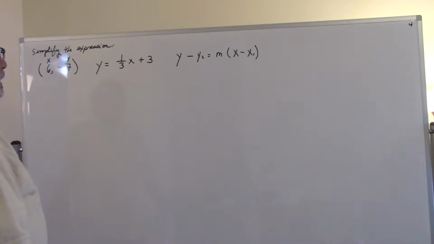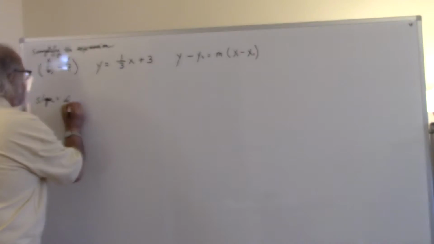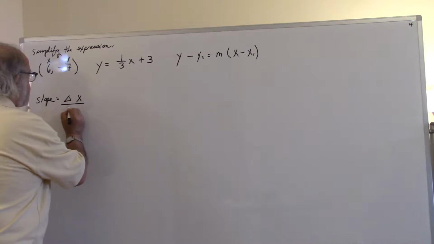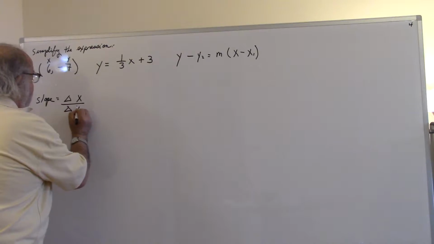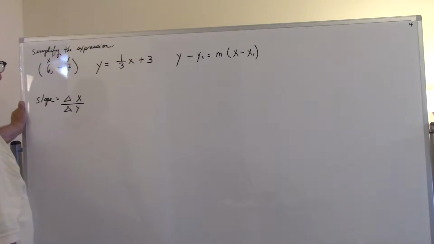And the slope means how much of an incline there is. On this equation here, slope equals the change of y, change of x. Also, it could be a change of x, change of y. Doesn't make a difference.